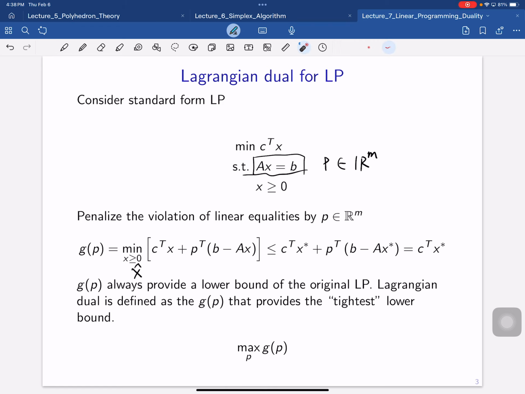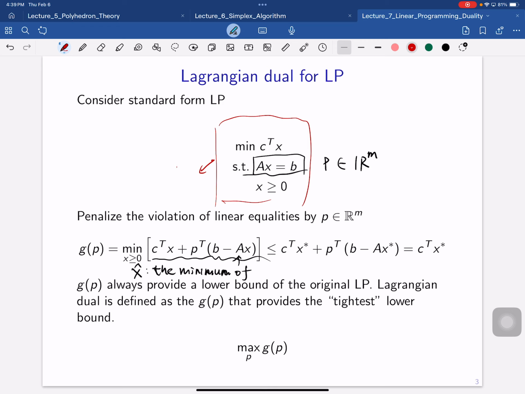Now x hat is the minimum of this particular optimization problem. Let's denote the optimum of this other optimization problem as x star.